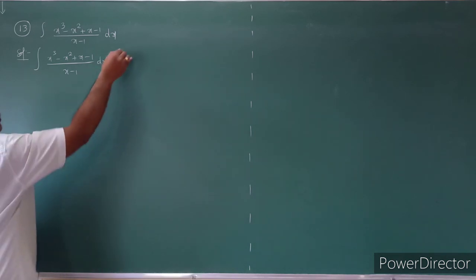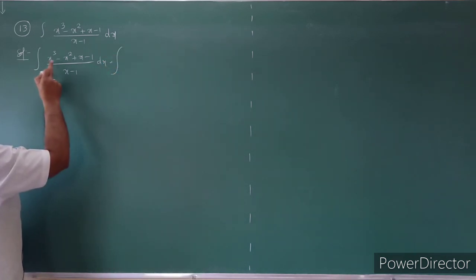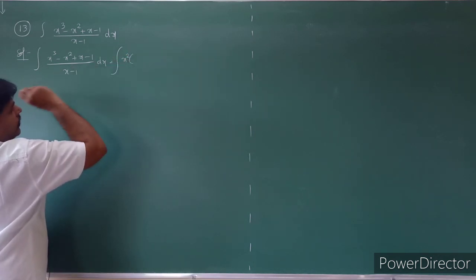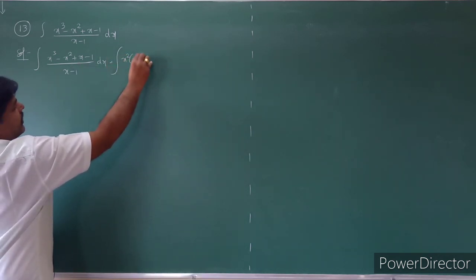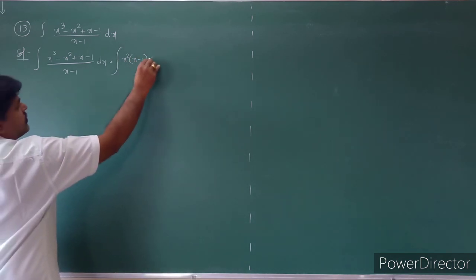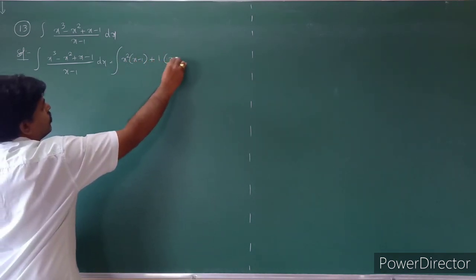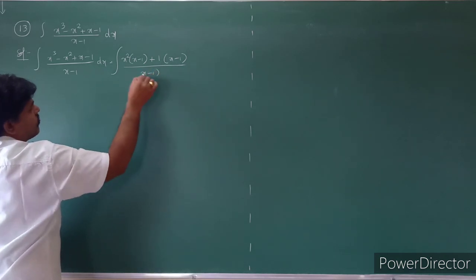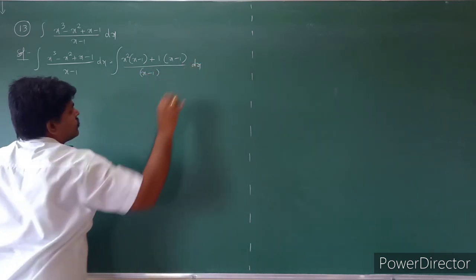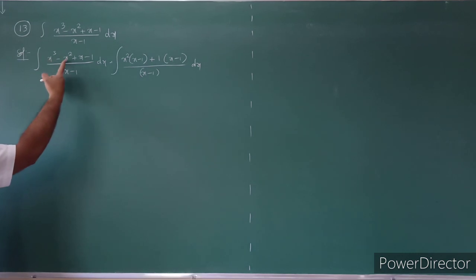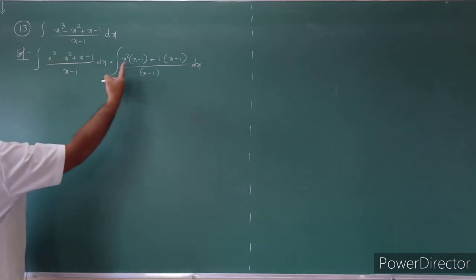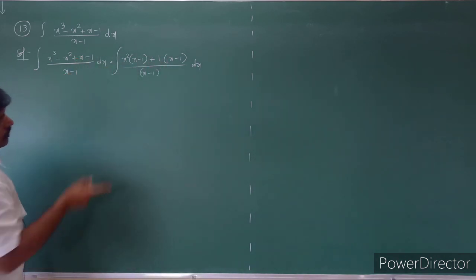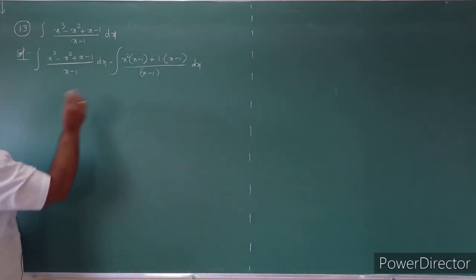So that is equal to integral of, take the x square common from these two terms, so that is x square into (x minus 1) plus 1 into (x minus 1), by (x minus 1) into dx. So I am taking the x square common here. Split the terms, what happens?